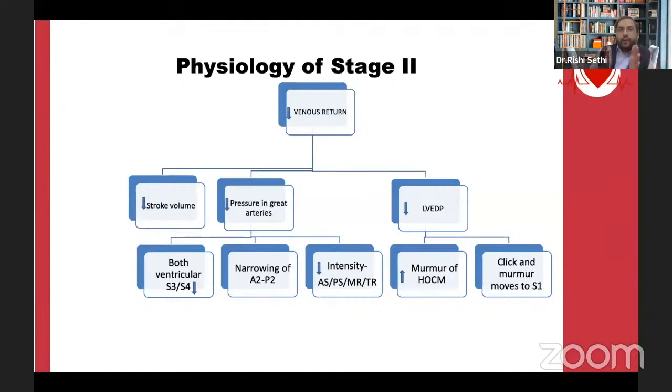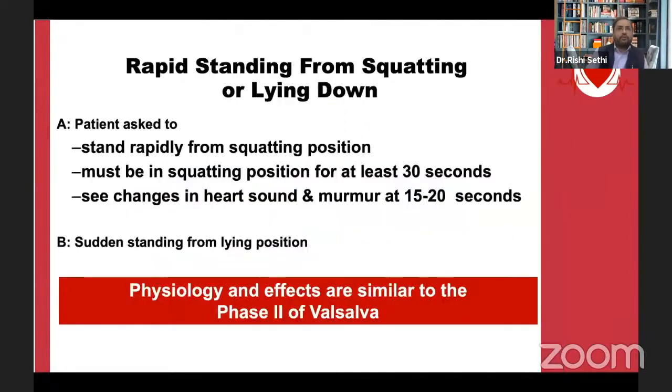Whenever you are recording phase 2 of the Valsalva maneuver, you have a decrease of blood returning to your left ventricle, your LVEDP falls, your HOCM murmur increases, your mitral valve prolapse syndrome murmur becomes longer, and your click becomes closer to S1. So these are all the physiological things that happen with phase 2 of Valsalva.